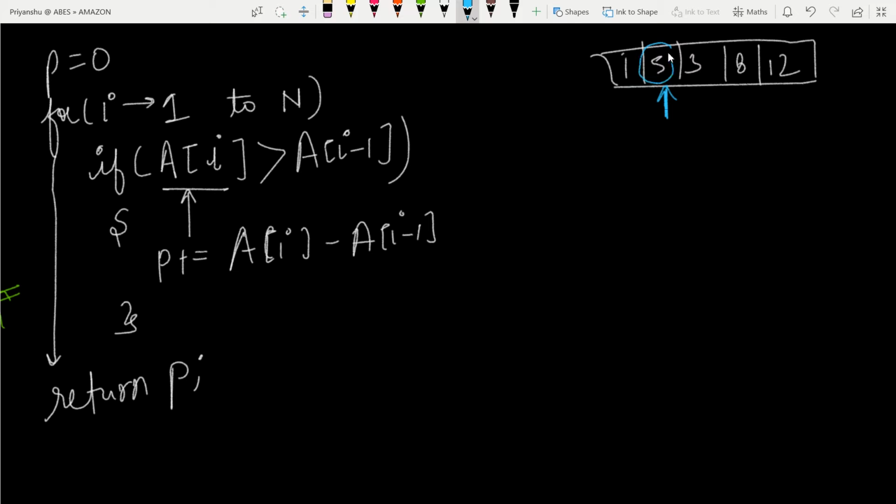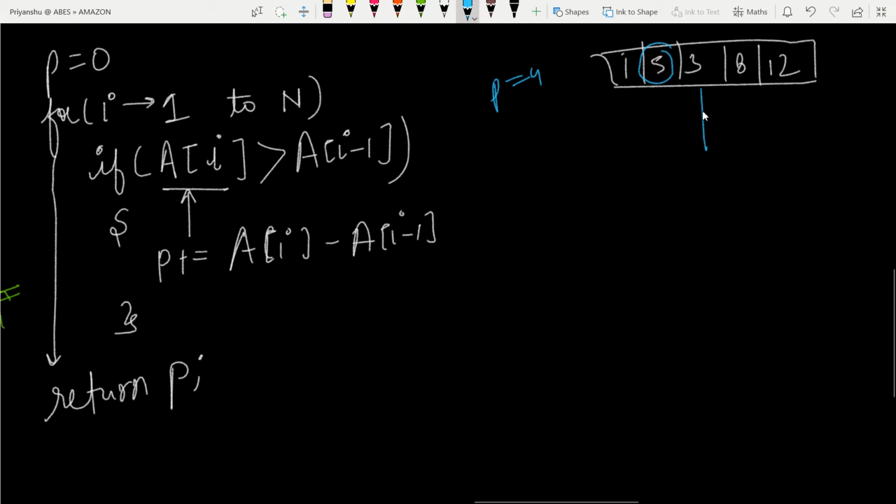We are checking, is it a peak? How do we check? We compare it with the adjacent element. Yes, it is a peak. So we get a profit of 4. So the current value of p will be 4. We simply move to the next element.